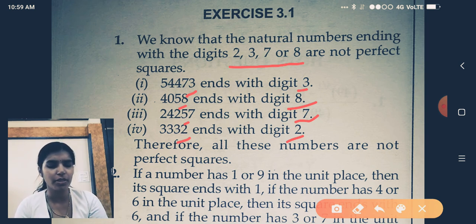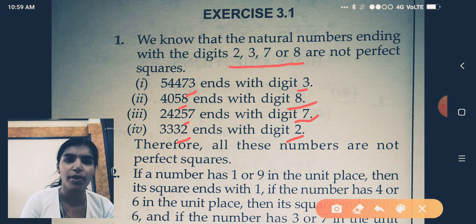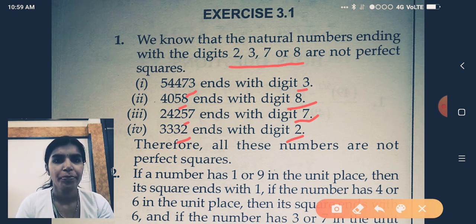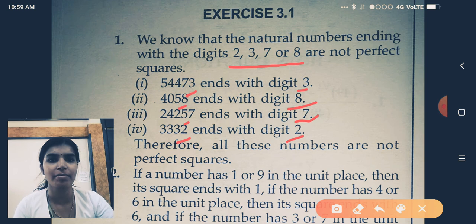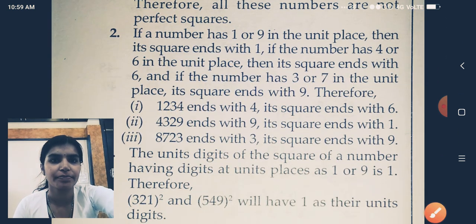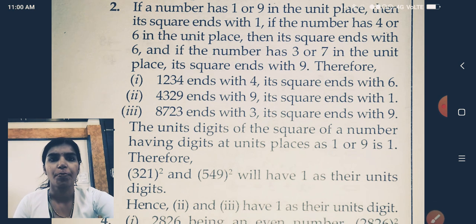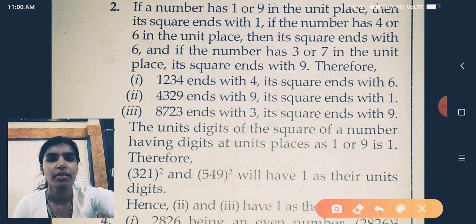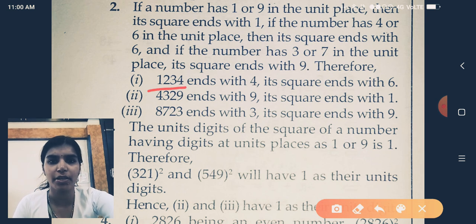What will be the unit digits of the square of the following numbers? So you have to check the squares of the following numbers one by one. Your first number is 1234. That number ends with 4. You know what is the square of 4? It is 16.